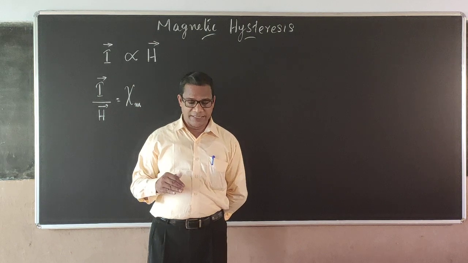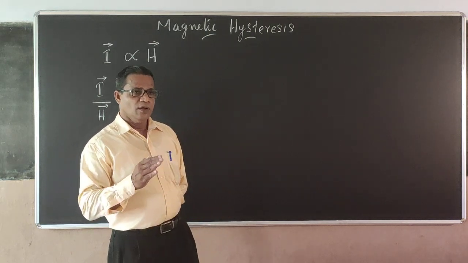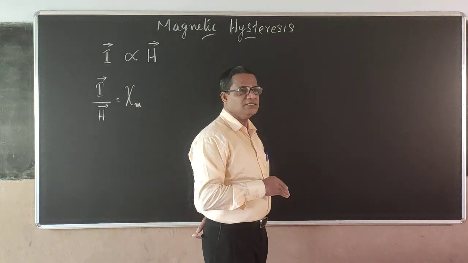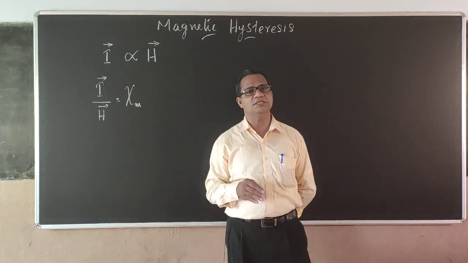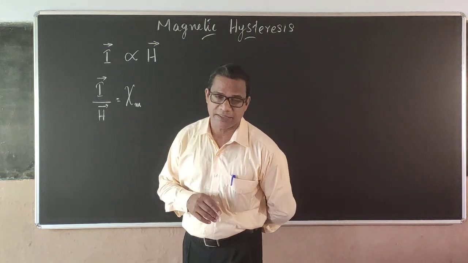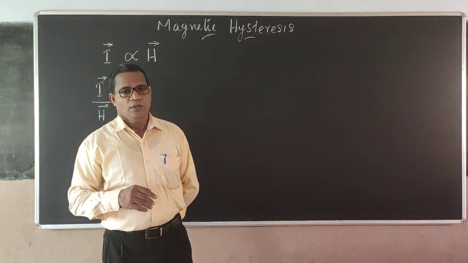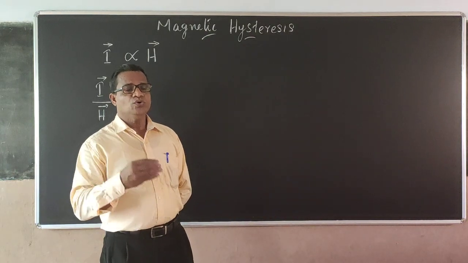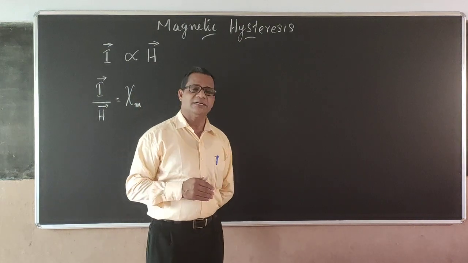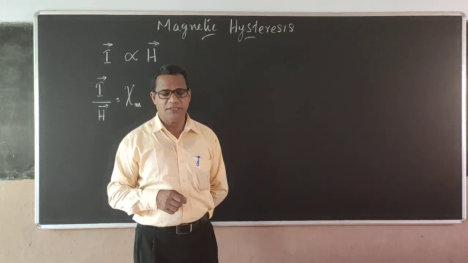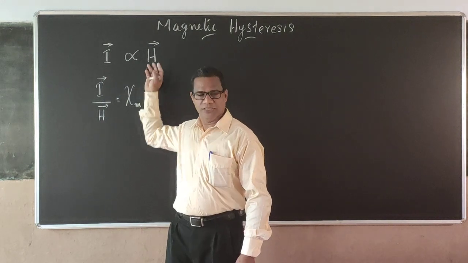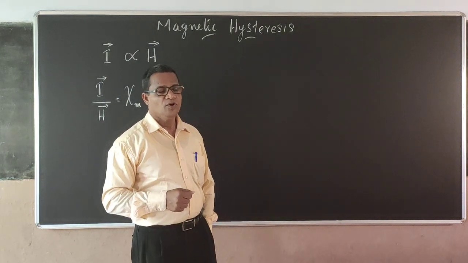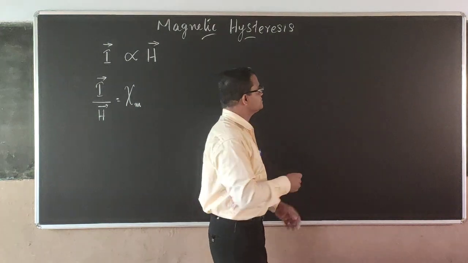Complete cycle of magnetization means half of it is magnetization and the other half is demagnetization. Together it is called complete cycle of magnetization. Now when you do that for the ferromagnetic material and see the behavior of I and H, we will be getting a graph like this.